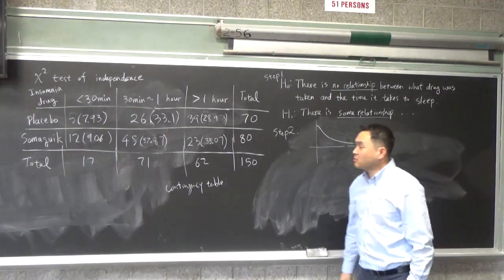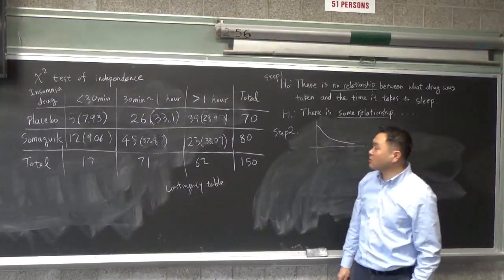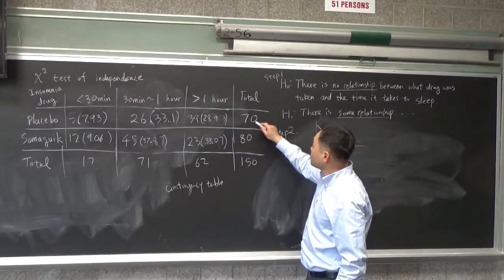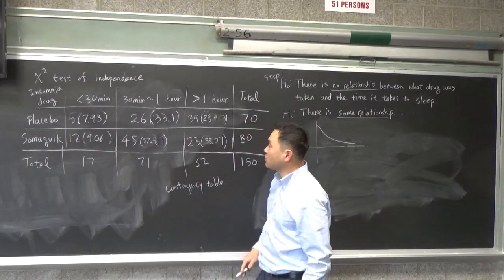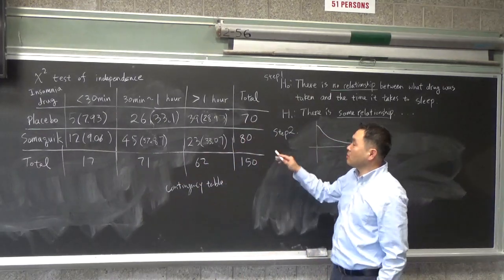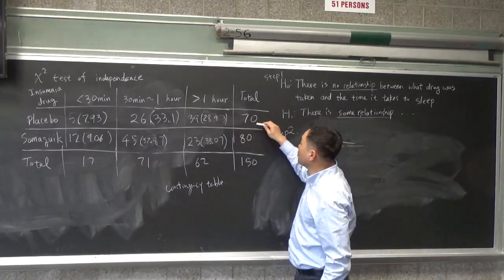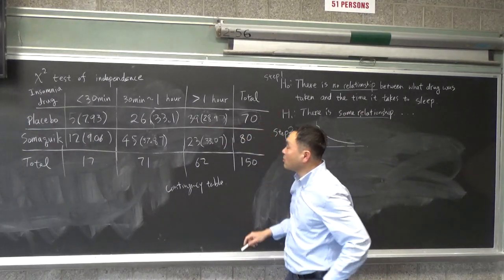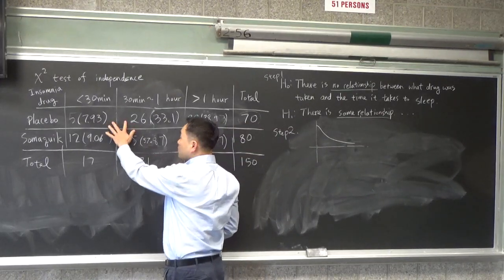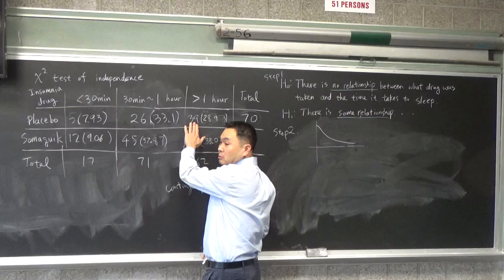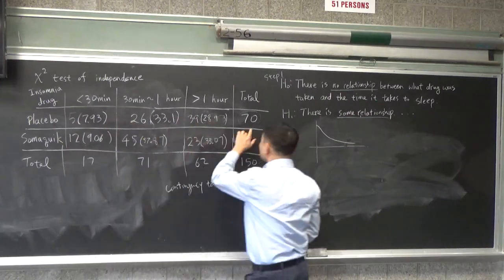Now I'm saying that the degrees of freedom is 2 because, see, we're using this information, right? You see, for each of the rows, anytime you know this value, only 2 are freely variable. This one will be determined once you know these 2.